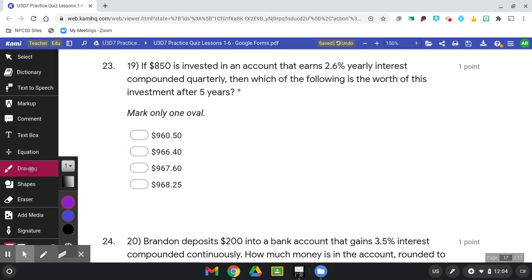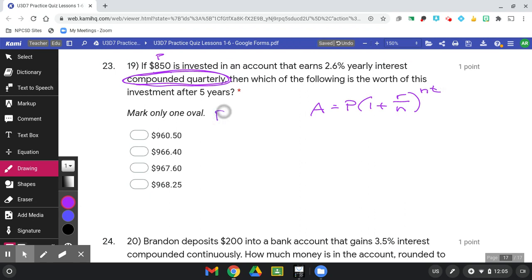All right, and now we go to compound interest. I'm investing $850. Okay, that's my principal amount. And it earns 2.6% interest compounded quarterly. That's that compounded word. Quarterly means that I need to use the formula A equals P times 1 plus r over n, to the nt.